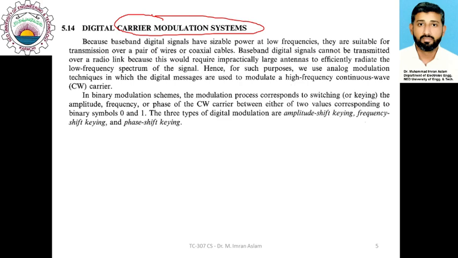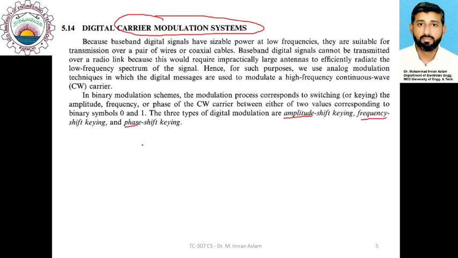We know that for a sinusoidal carrier, there are three important parameters that can represent the information contents in the signal. Those three parameters are amplitude, frequency, and phase.